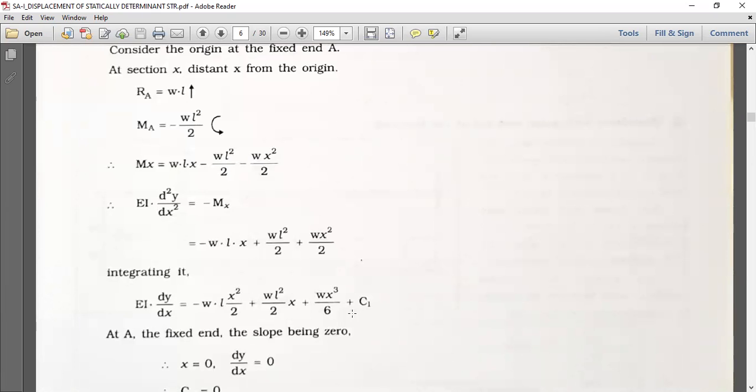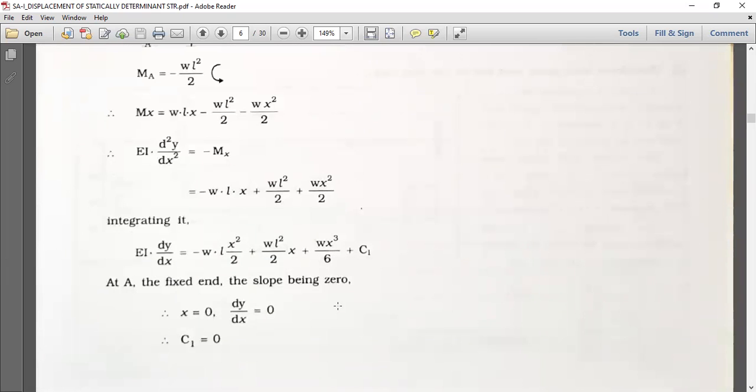Integrate it, we get EI dy by dx is equal to minus W into L x square by 2 plus WL square by 2 x minus W x cubed by 6, plus C1, the integration constant.